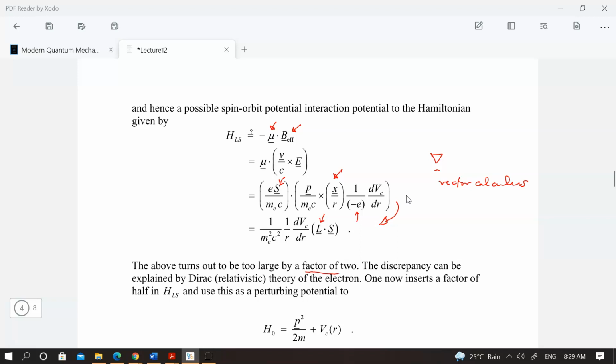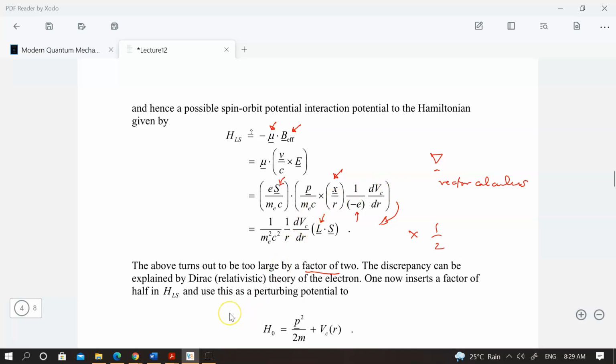This can be explained through a relativistic theory, which we hope to introduce at the end of the course. So we will make a correction by inserting a factor of half into this H_LS.